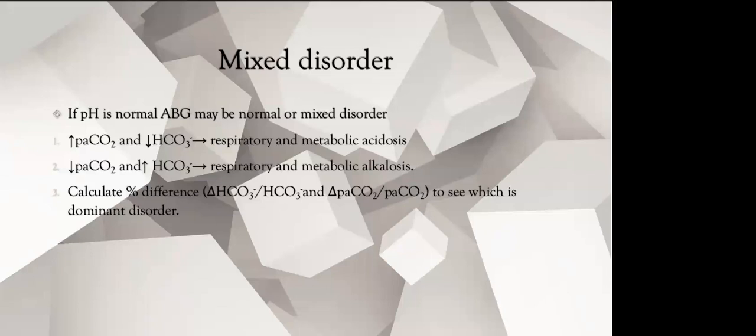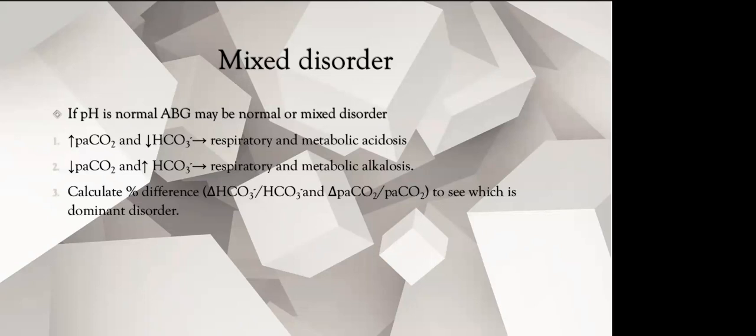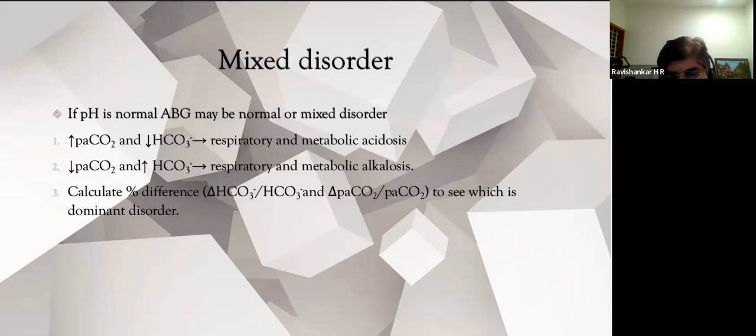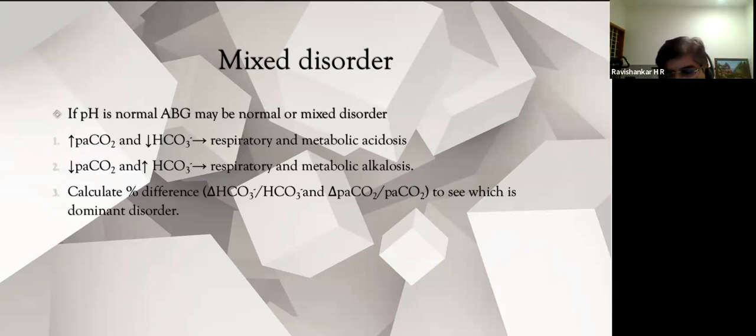Can a patient have two opposite disorders also, sir? Yeah, they can. Respiratory acidosis and metabolic alkalosis. But how can we differentiate a normal compensatory mechanism from an independent disorder? That is why interpretation of blood gases, as you said, is clinical.